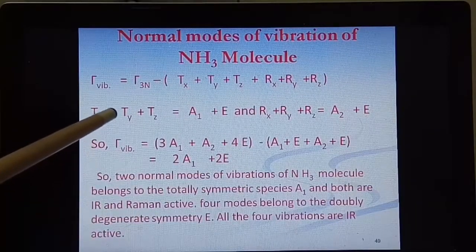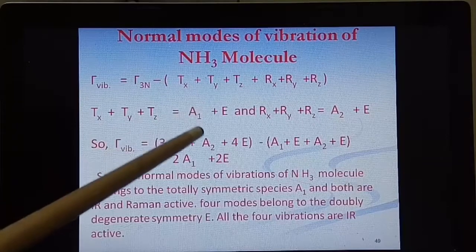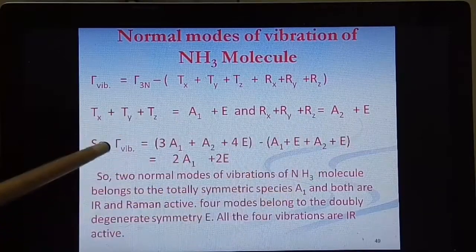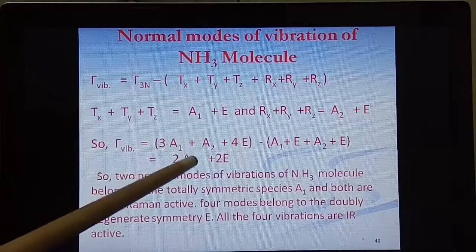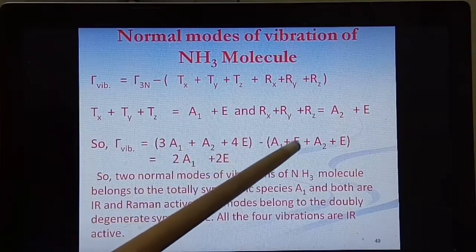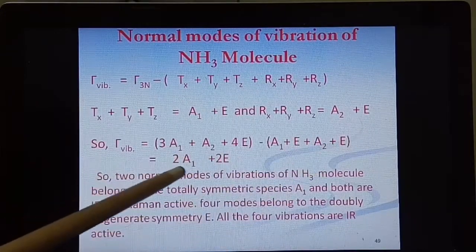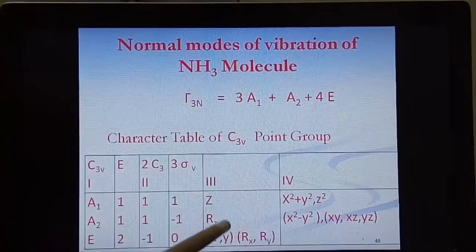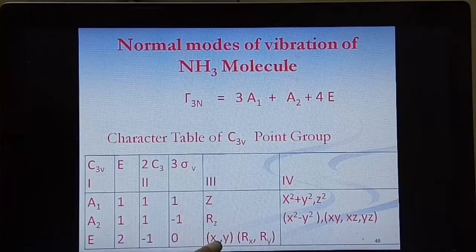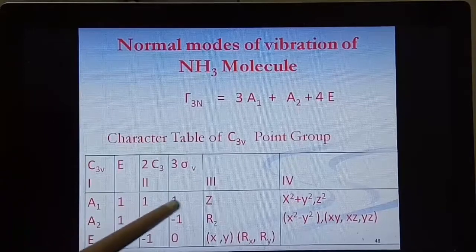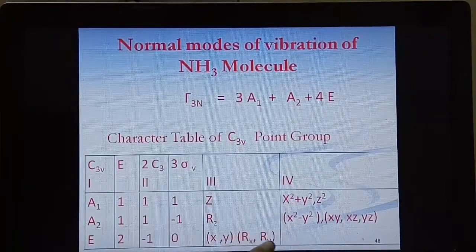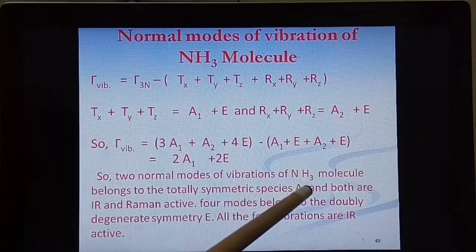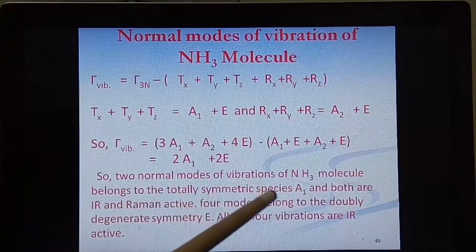So translation x plus translation y plus translation z is equal to A1 plus E, and Rx plus Ry plus Rz is equal to A2 plus E. So the tau vibration will be 3A1 plus A2 plus 4E minus A1 plus E plus A2 plus E, which is equal to 2A1 plus 2E, because we can determine from here that x, y and z will be A1 and E, and Rx, Ry, Rz is equal to A2 plus E.